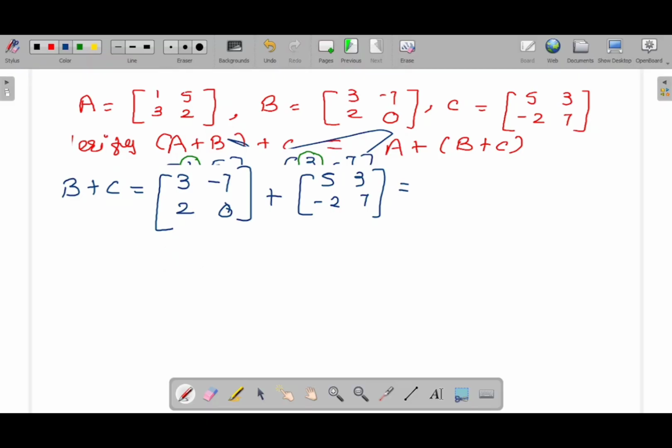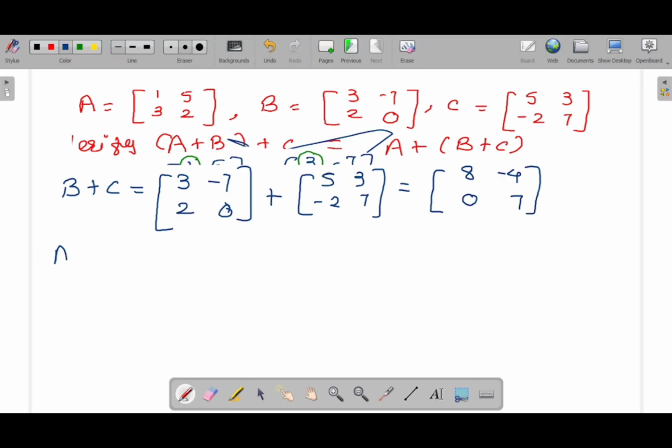You can definitely write this below the equal to sign. Do not write in a single line, but because of space constraint, I am writing here. So 3 plus 5 is 8. Minus 7 plus 3 is minus 4. 2 plus minus 2 gives me 0, and 0 plus 7 gives me 7. This is called addition of corresponding numbers which we are doing.